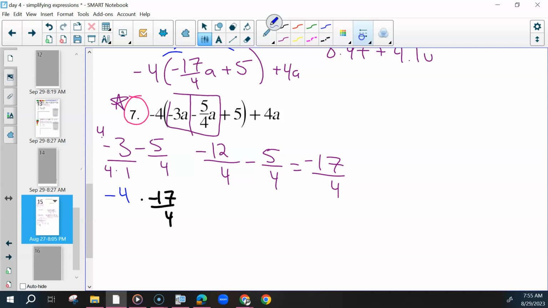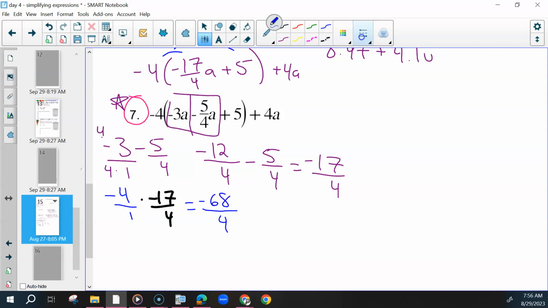So just like when we add or subtract fractions, we put a 1 underneath, same thing, but then we multiply directly across. So negative 4 times negative 17 is what? We subtract it.